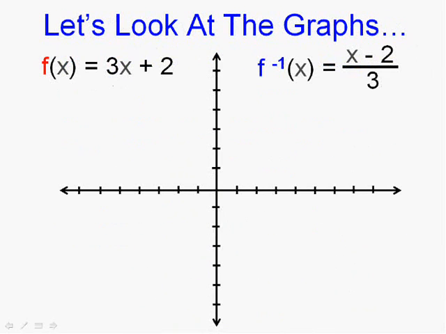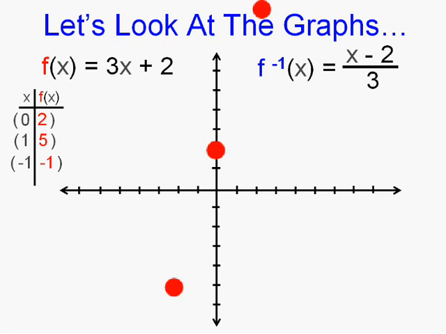Let's graph both the original function and its inverse and see if it mirrors about the line y equals x. The original function, I'll put in these 3 values, and I'll get these 3 points. Now it's a little bit different than our picture before, but they do line up.